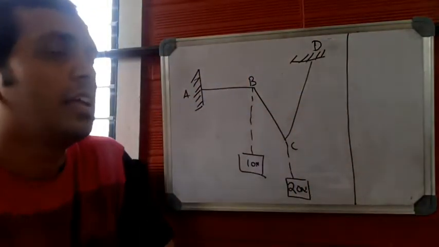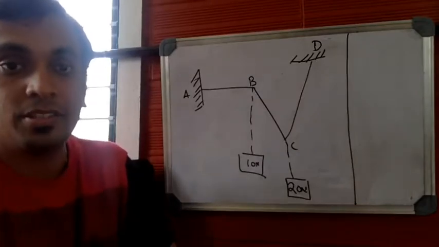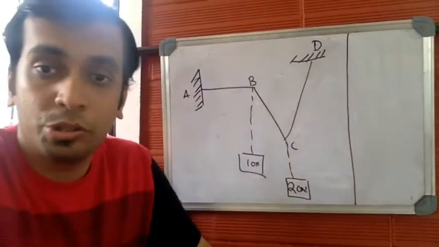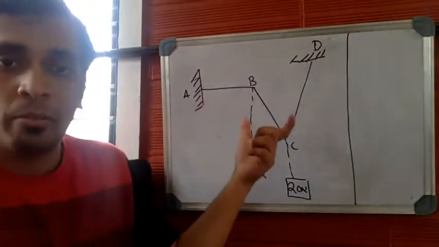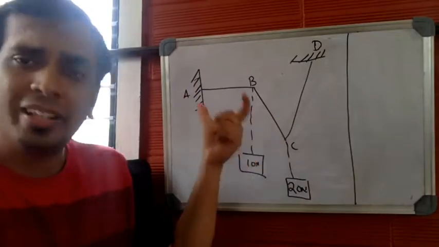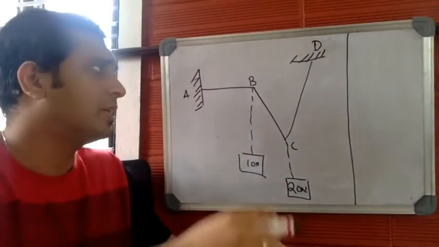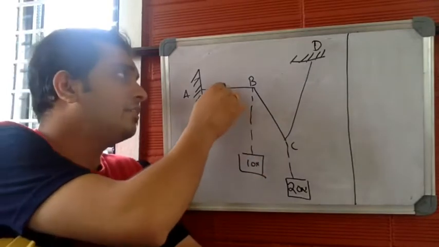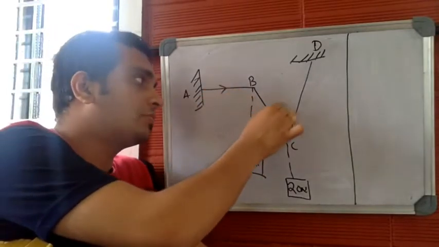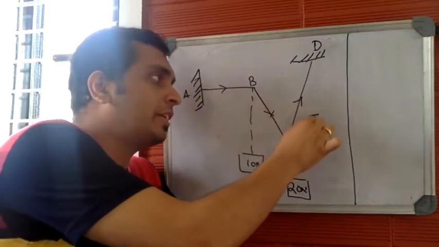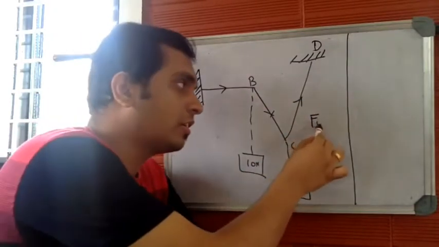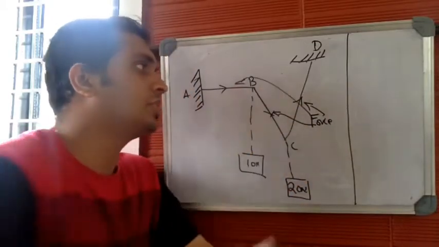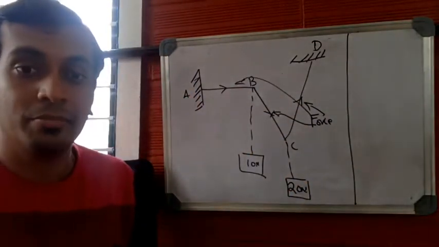Now, step number one. Again, let me tell you before we go through the steps, all the problems related to cable segments will be related to finding the unknown force, or finding the force which runs through the cable segments. You are interested in this.